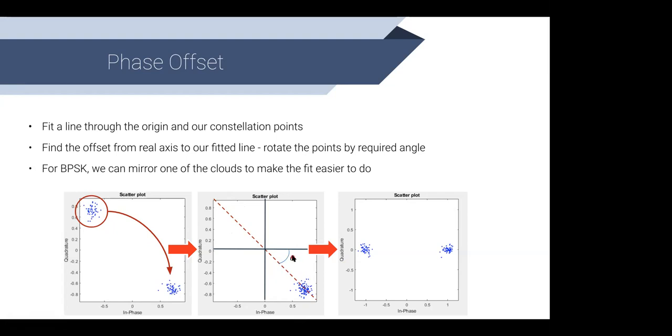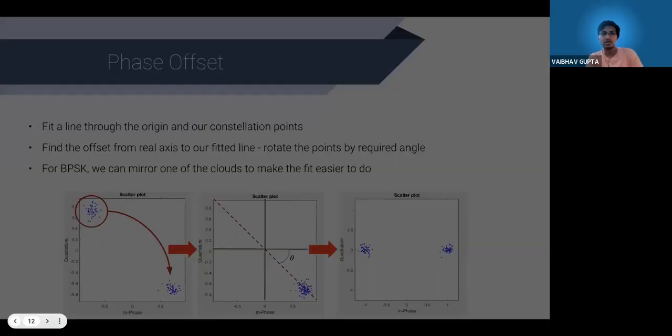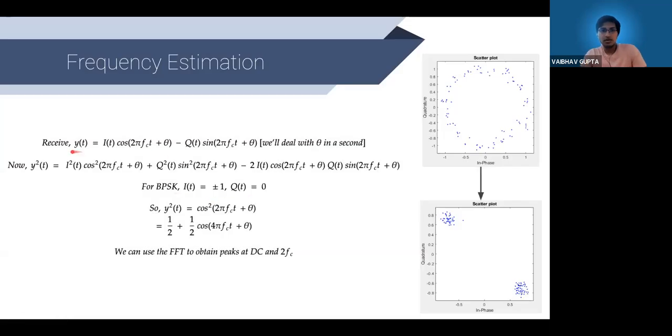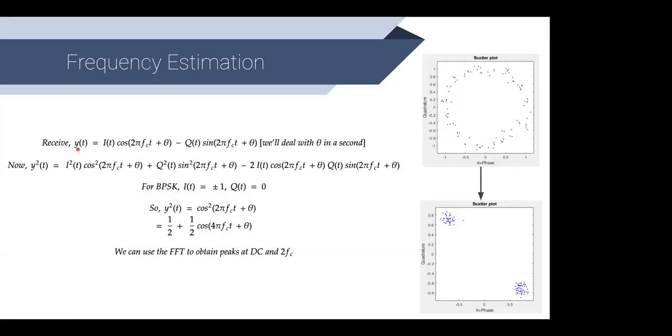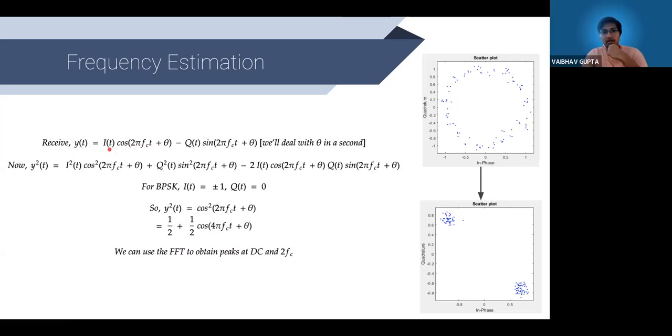So how did knowing the carrier frequency help us to make the scatter plot this much more organized? Right. Okay. So think of it like this. When we receive a y of t, which is I of t cosine 2 pi fc t plus theta, if fc is fc plus some delta fc, then this becomes cosine 2 pi fc t plus 2 pi delta fc t.